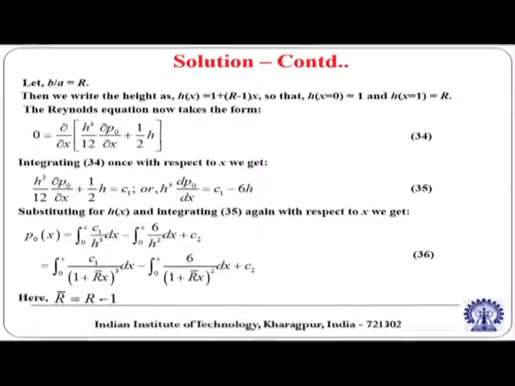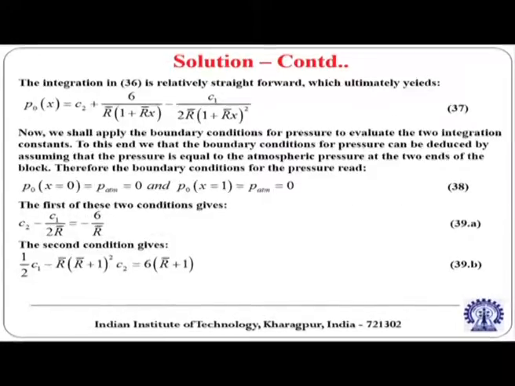Once you integrate this, you will get P0 as a function of x with two constants C1 and C2. How will you get C1 and C2? The boundary conditions at x equal to 0 and x equal to L, x dash equal to 0 and x dash equal to L. The boundary condition for the pressure at x equal to 0 is atmospheric pressure, 0 gauge pressure, and at x equal to 1 also atmospheric pressure, which is 0 gauge pressure.